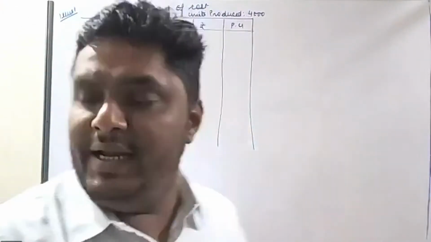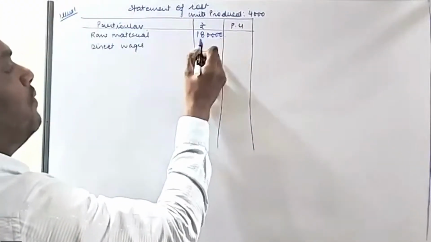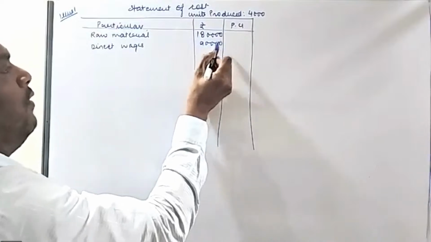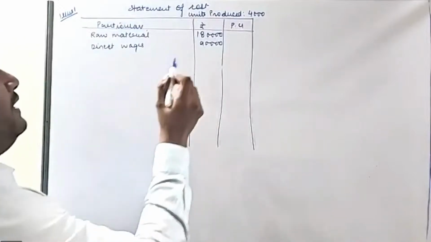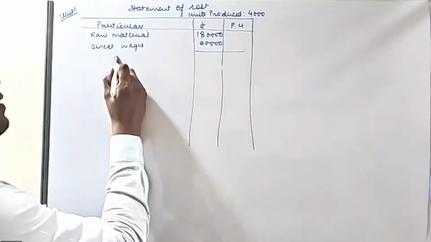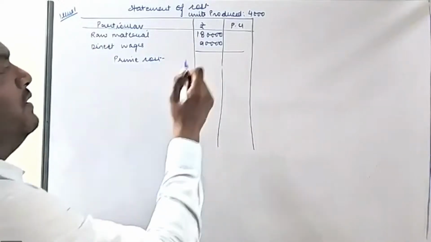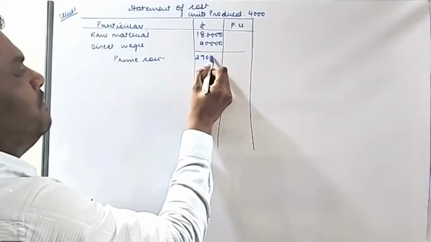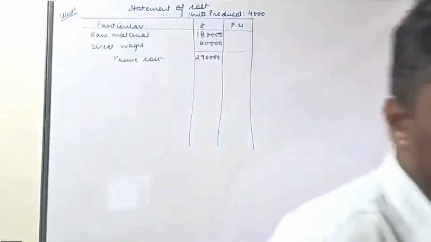The raw material cost is 1,80,000, wages is 90,000. Now in this question, no information is given as regards direct expenses. So the total of material and wages will be what? My prime cost. That is 2,70,000.